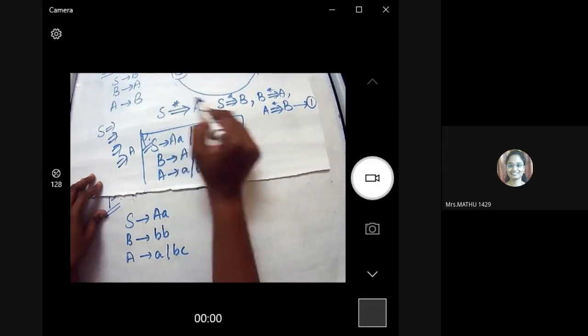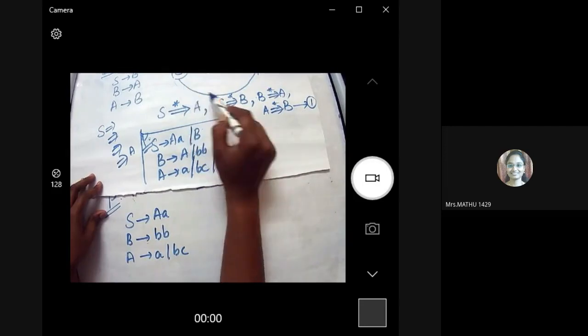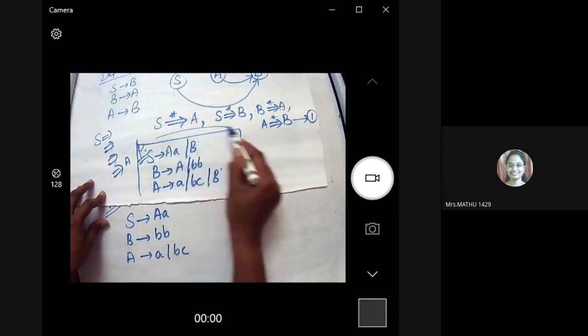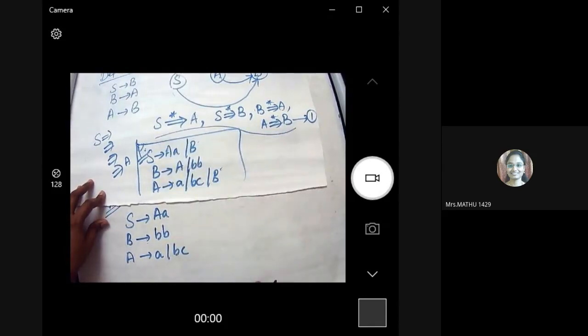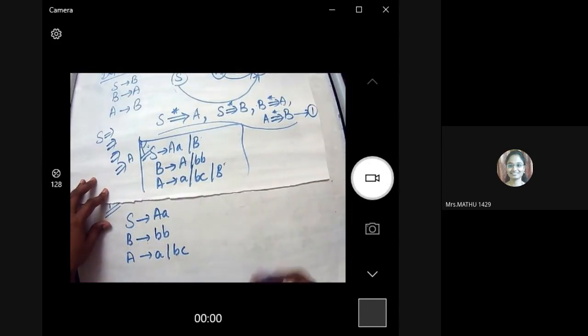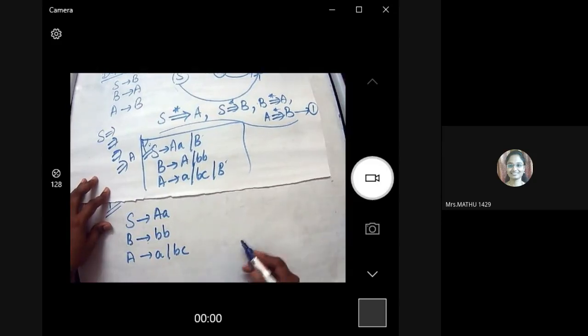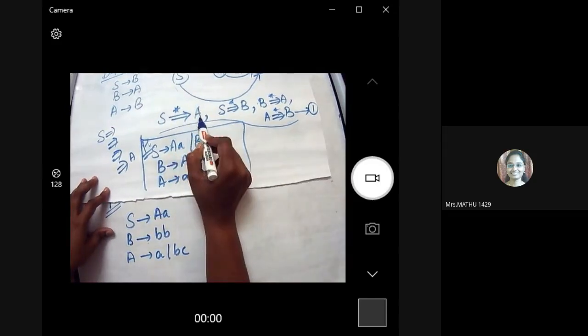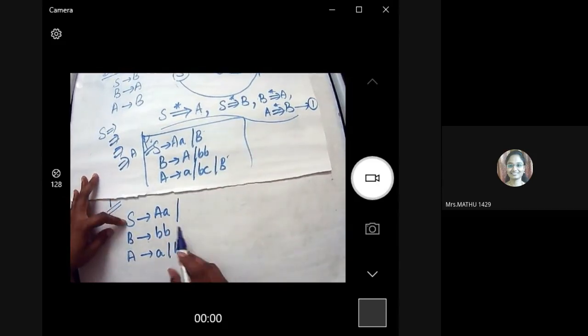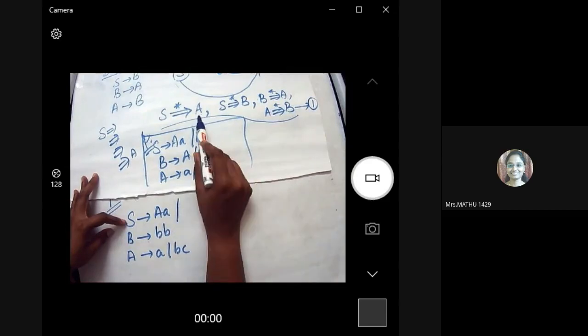From S we will be able to reach B, from S we will be able to reach A, then A to B, and from B to A. So we have a set of equations here. Now based on this, we are able to generate new productions. So S derives A. That means for S, we are going to add the productions of A.